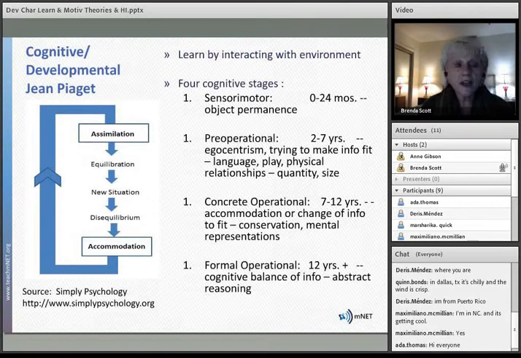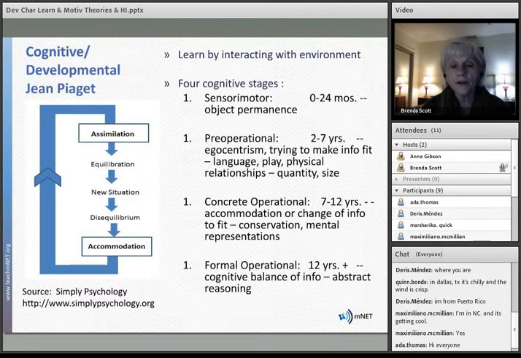But Piaget also said, you know, we do learn by interacting with our environment, but we think about what's going on. If you look at the model over to the left, this is his model of assimilation and accommodation. So you assimilate knowledge and you achieve some kind of equilibrium, and then you get into a new situation where you have to learn, and you experience some disequilibrium while you're learning, but then you accommodate.